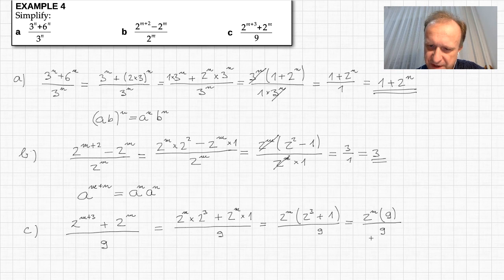This time the common factor between the numerator and denominator is just number 9, so we can cancel it out. So there is 1 times 9 here in the denominator. So you end up with 2 to the power of m divided by 1, which is simply 2 to the power of m. And this should be the answer.